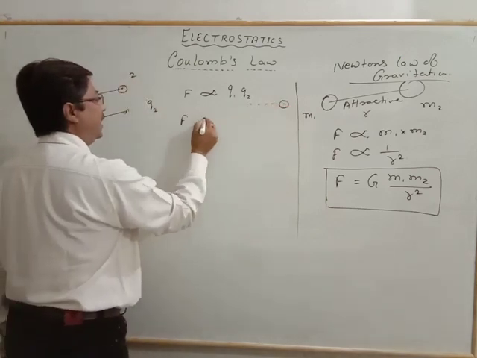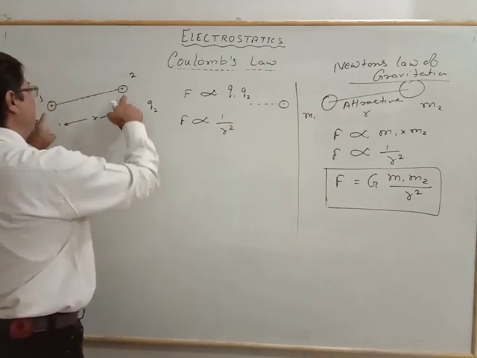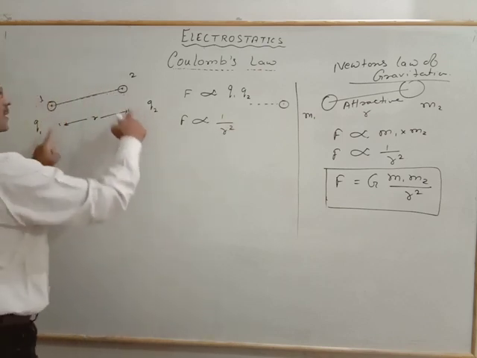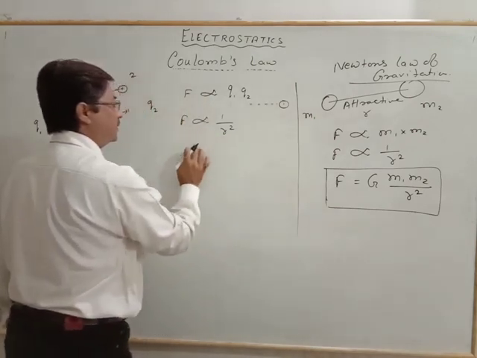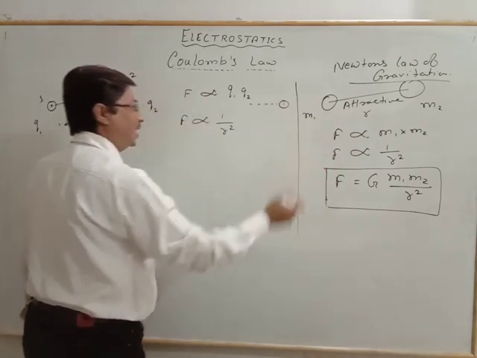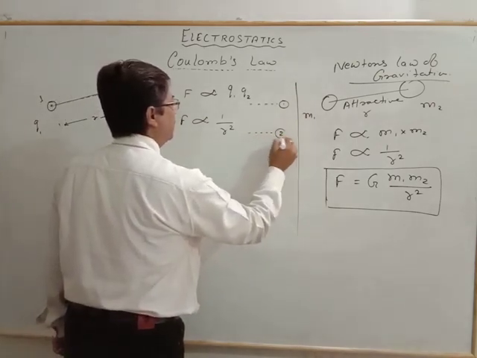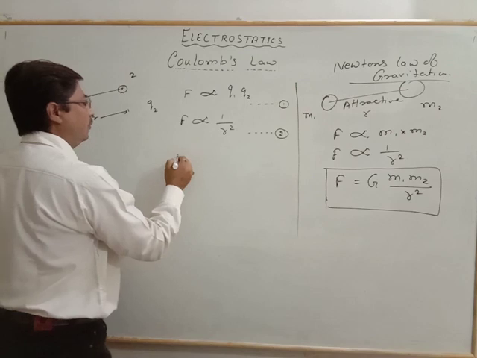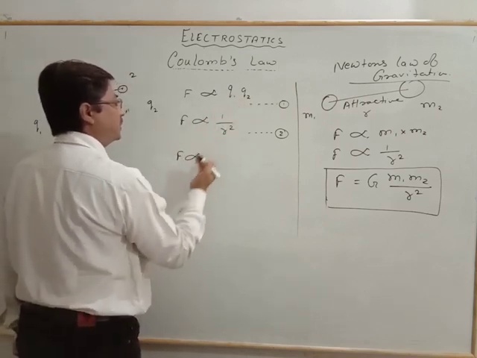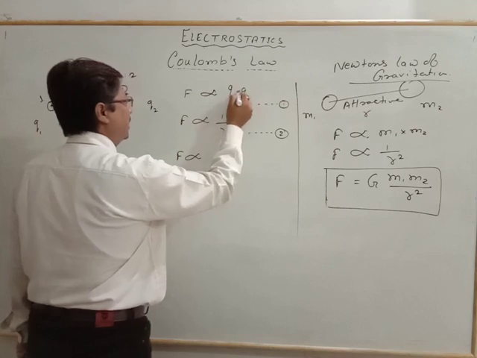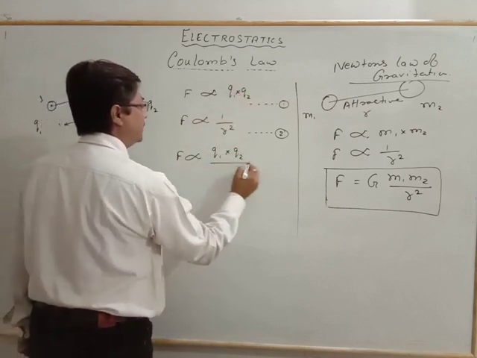And F is inversely proportional to the square of the distance between them, r square. That is the second relation, and these two are very similar to Newton's law of gravitation. Combining these two, F is proportional to the product of the charges, Q1 into Q2, by the distance r square.